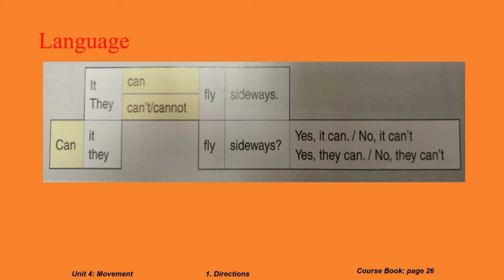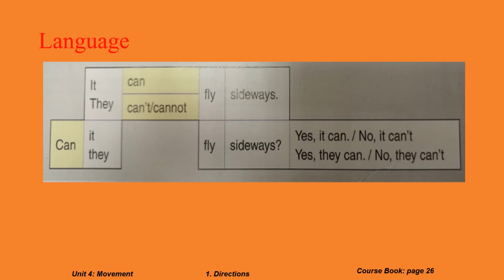Now, let's move to how to make the question. What do you notice about the blue box? The blue box disappeared from its place and it appeared in another place at the beginning. So this is how we make a question. Can it fly sideways or can they fly sideways? In the question we start with can. Can it fly sideways?